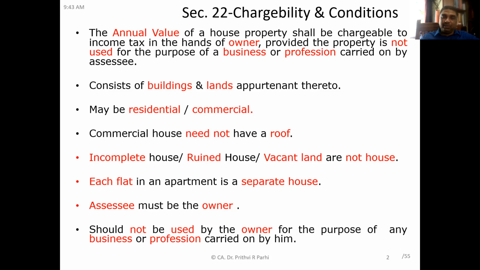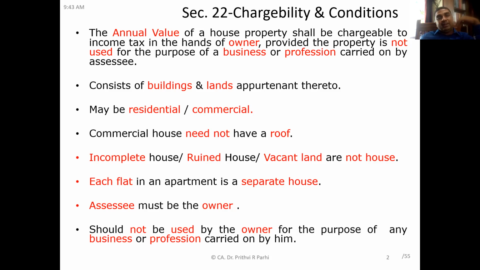Both are taxable. Only thing is that if it is used by the assessee for his own business purpose, then that part will not be considered for computation of income under the head income from house property. But his business income will be computed as usual. But if it is a commercial building given on rent, then that is fully chargeable. Are you getting me?